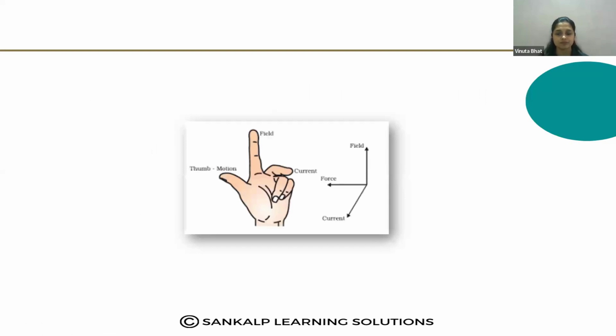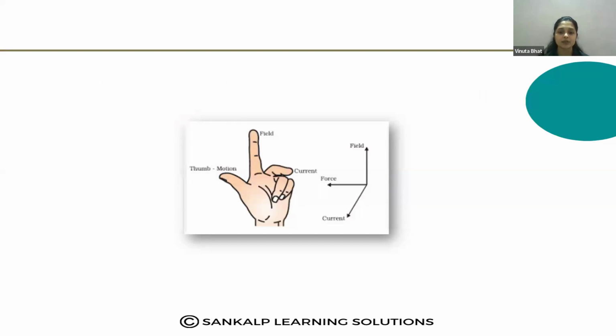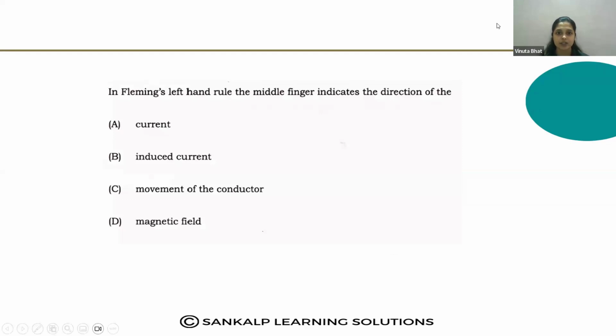Yes, in Fleming's left-hand rule, the middle finger indicates the direction of the current. So here the correct option is the direction of the current.